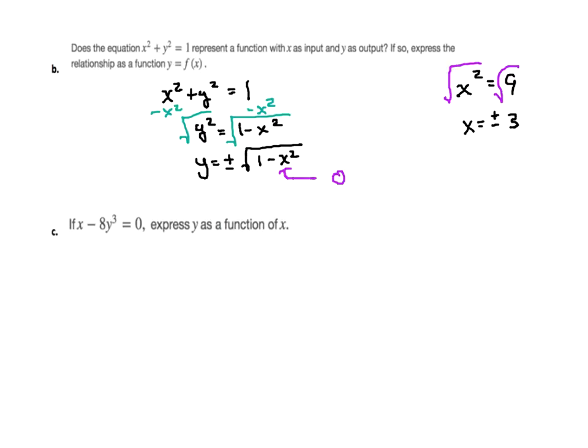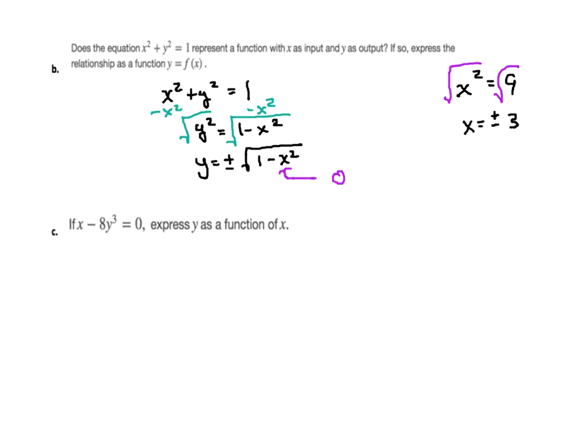Anybody? Is it not a function? It is not a function, Josh. Why are you saying that? Because you can't have 0 as your output? Not quite. But you're sort of there.